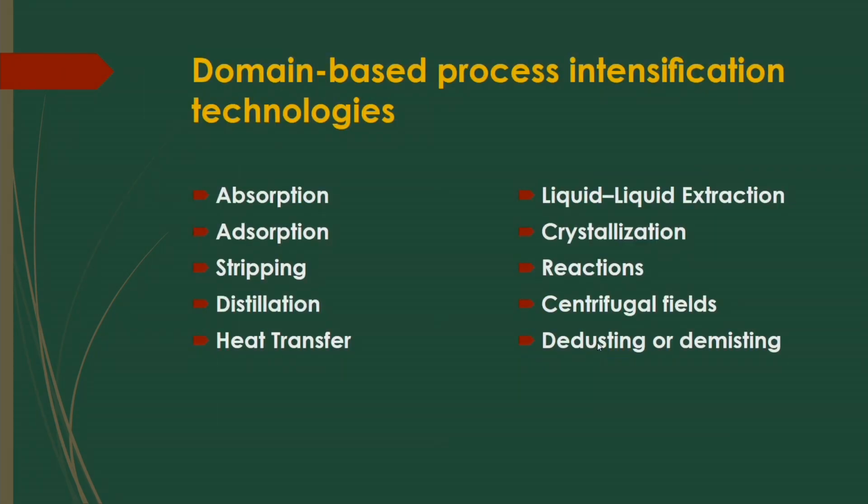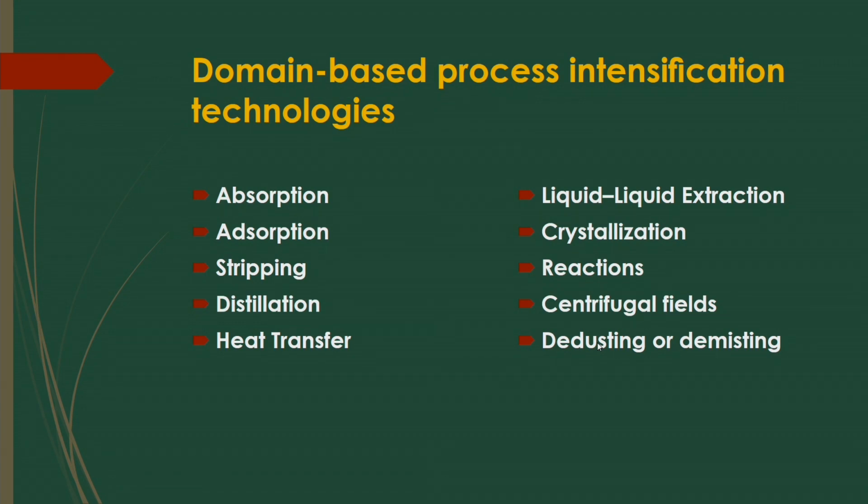Some domain based process intensification techniques are also there in chemical engineering processes. Those are very important, like absorption, adsorption, stripping, distillation, heat transfer, liquid extraction, crystallization, reactions, centrifugal fields and dedusting or demisting. Some other operations like fluidization, even bubbling phenomena.